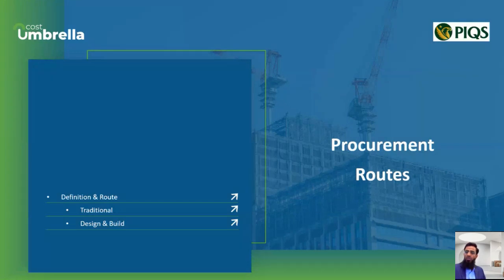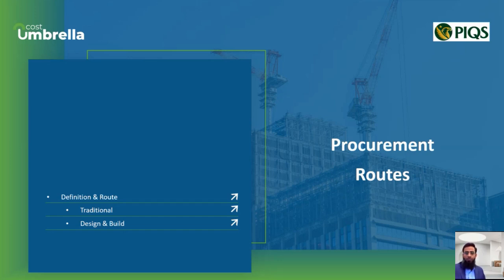In today's session, we will just touch on a few common procurement routes, including their basic definition and approaches, such as traditional and design and build. We will only provide a high-level introduction here, as we have upcoming dedicated webinars where we will explore procurement in detail, including specific routes and more insight.